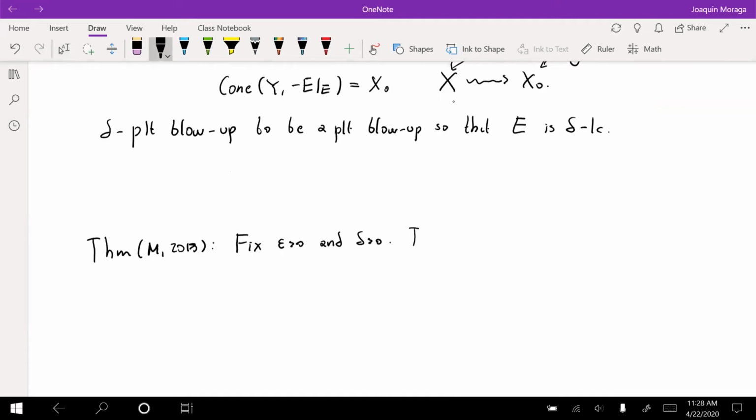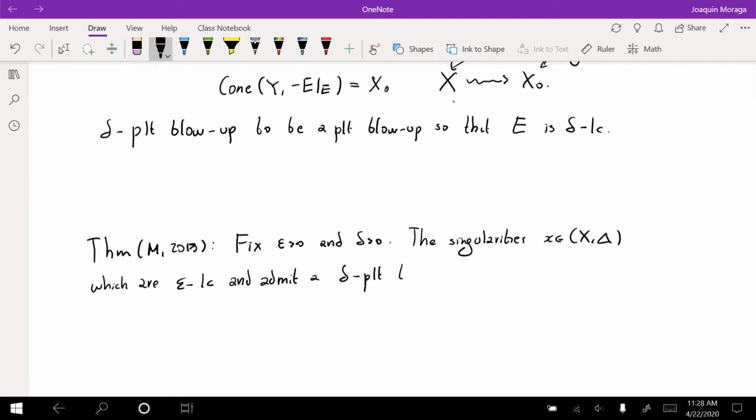So the singularities x in (X, D), which are epsilon log canonical and admit a delta Plt blow-up, have finitely many minimal log discrepancies.